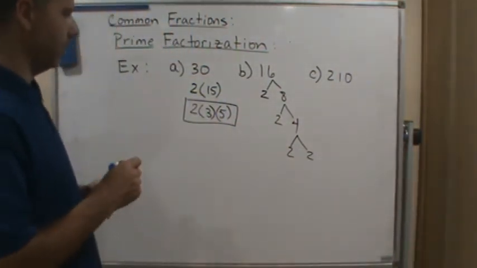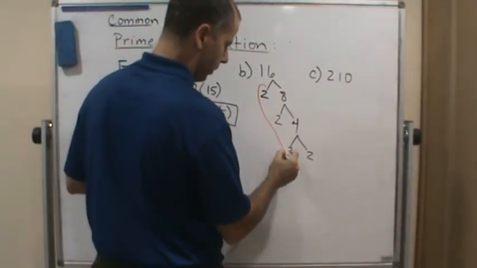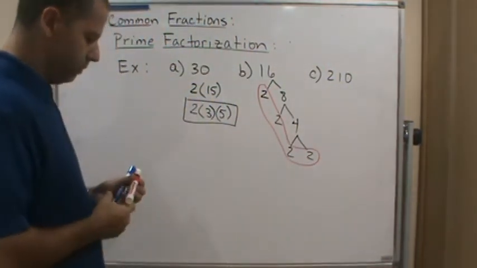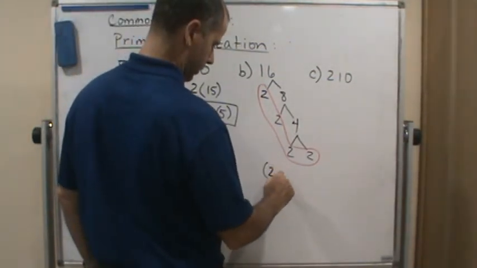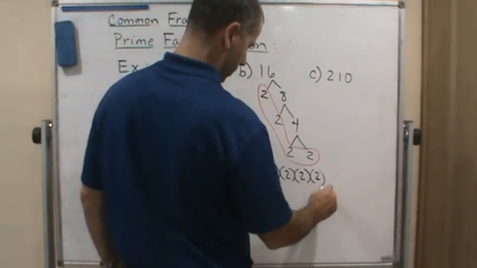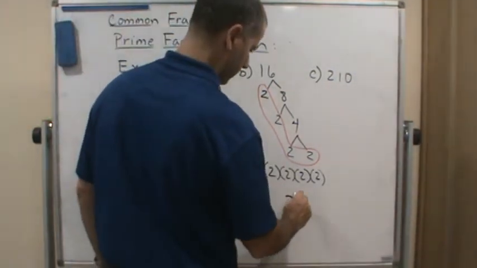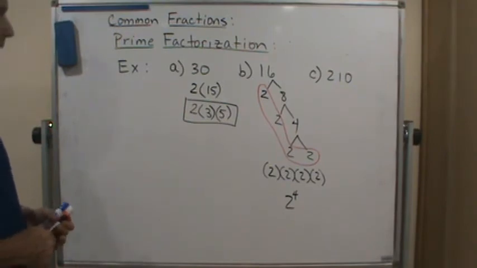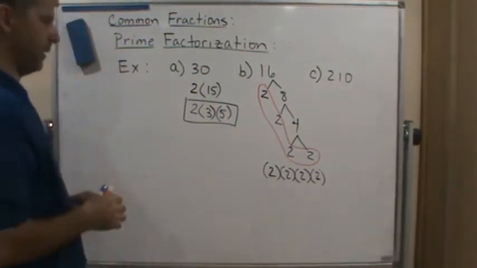We take all the digits at the end of the branches, all the prime numbers, and that means the prime factorization is 2 times 2 times 2 times 2, or 2 to the 4th. But again, we can write it just this way. So that's the prime factorization.